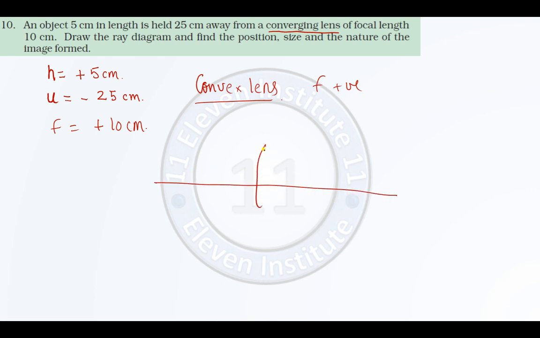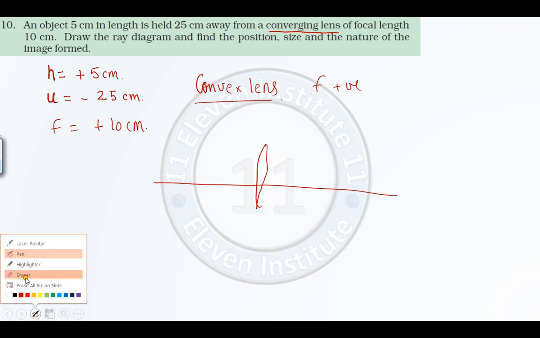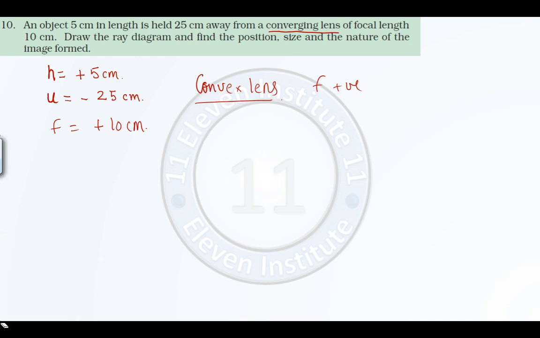Let us be clear. Suppose this is a convex lens. This is not looking good, so I will erase it. We will draw one more. So let me try to draw in a bit better manner. Now this is somewhat good than the previous one.